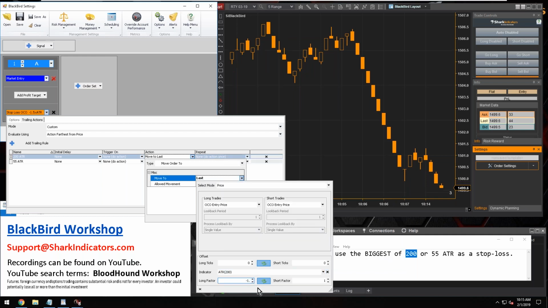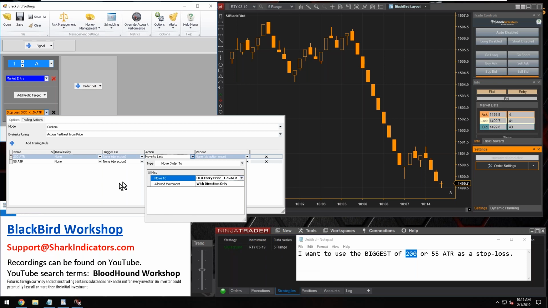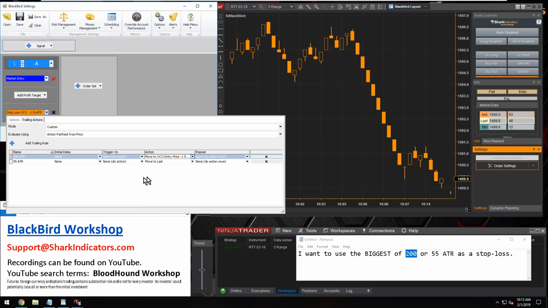And I don't know what the multiplier is of the ATR, so again, I'll just leave it at 1.5 there. All right, so we set up the 200 period.